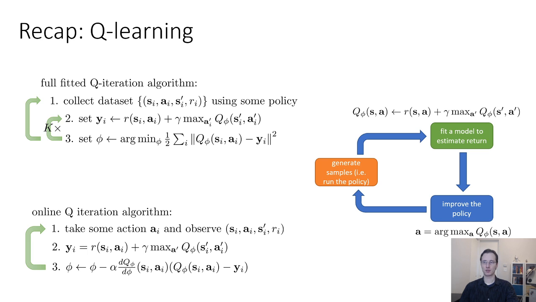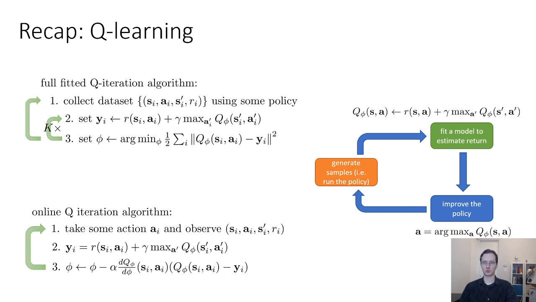And then in step three, we update our function approximator for Q, which is parameterized by phi, by finding the argmin parameters, the parameters that minimize the difference between the output of Q phi and the targets Yi that we just computed. Steps 2 and 3 can in general be repeated some number of times before we collect more data.